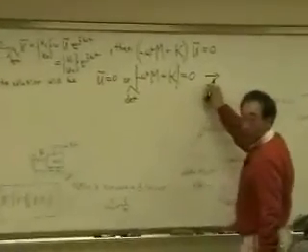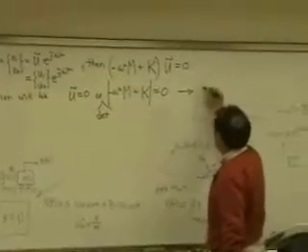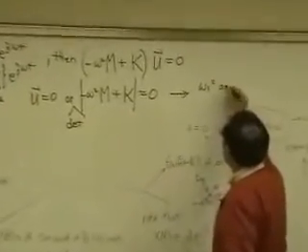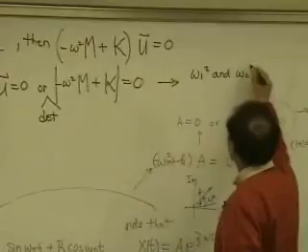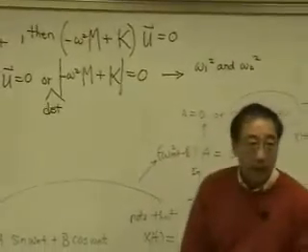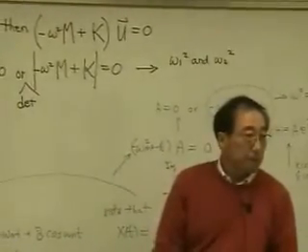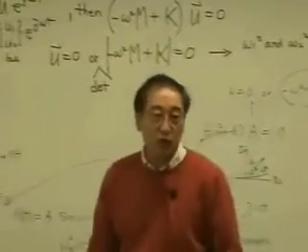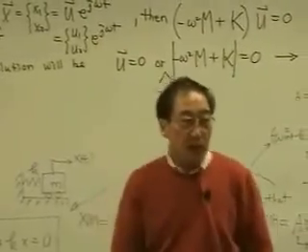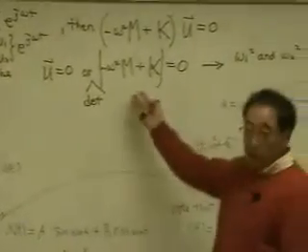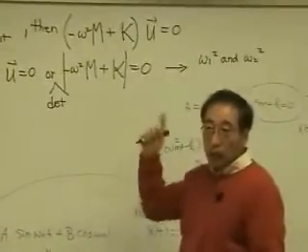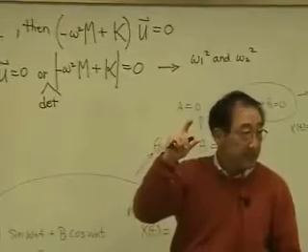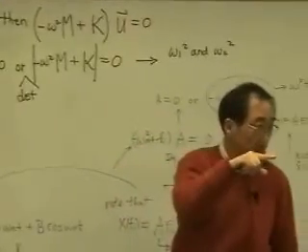And this gives us omega 1 square and omega 2 square. Why? Physically, because this is a 2 degree of freedom system, and mathematically, because this determinant gives us 2 omega. We will see.